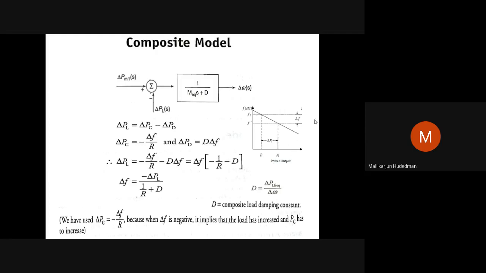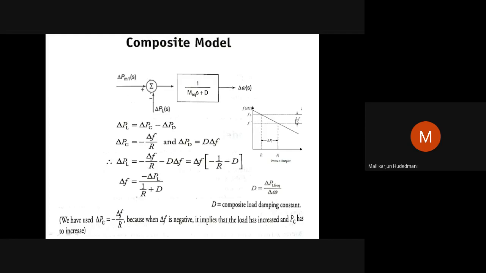If the frequency is observed, this droop nature definitely makes, if there is no governor operation, the meeting of extra power delta P1 by the generator. It would have coincided on this line at this F, which becomes F dash. Definitely F naught and F dash, F dash is less than F naught, so it is experiencing a drop of frequency.